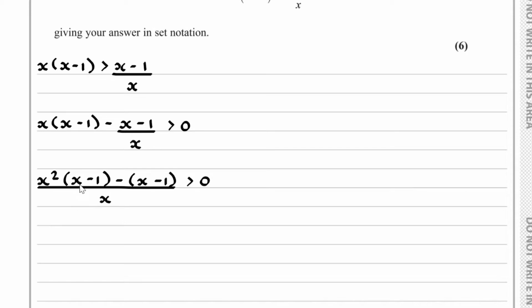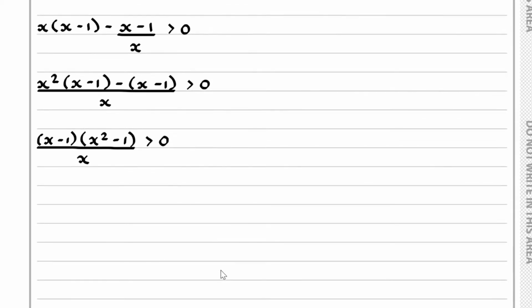And recognizing that x minus 1 belongs to both terms, factorizing out the x minus 1, we have x minus 1 multiplied by x squared minus 1 divided by x being greater than 0. X squared minus 1 can be rewritten as a difference of two squares.